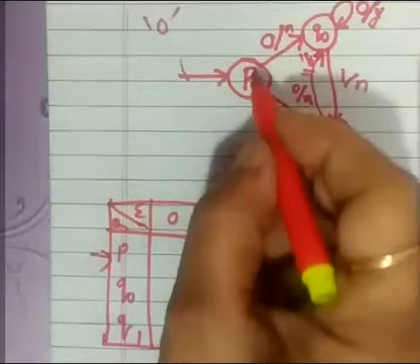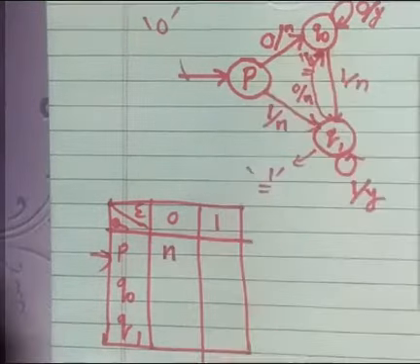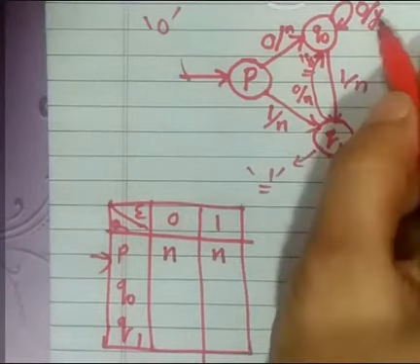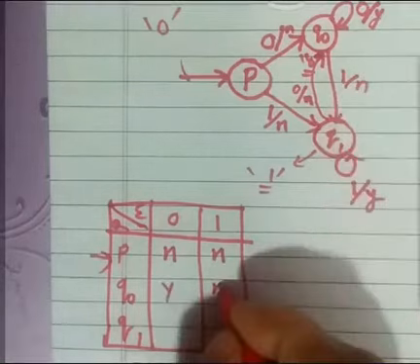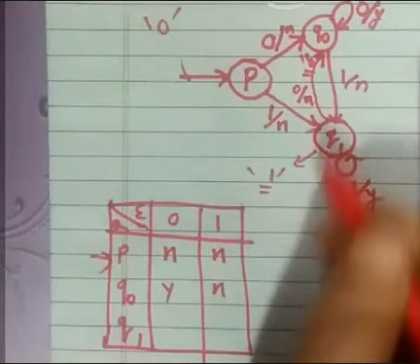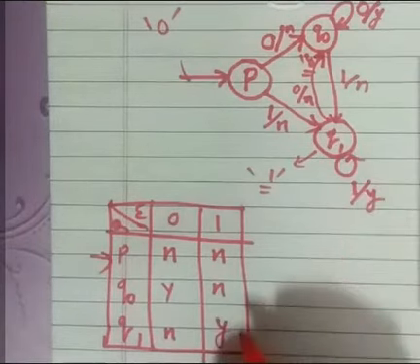P on 0 produces output no. P on 1 produces output no. Next, Q0 on 0 produces output yes. Q0 on 1 produces output no. Next, Q1 on 0 produces output no. And Q1 on 1 produces output yes. So this is my lambda function.